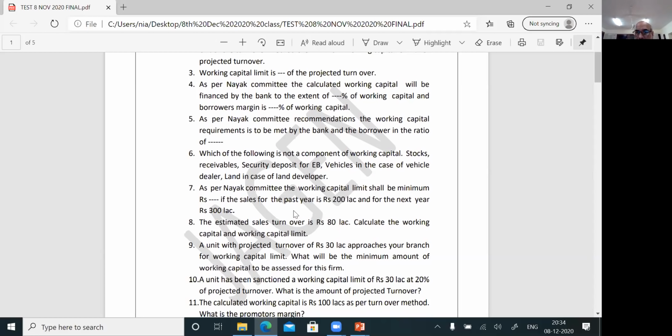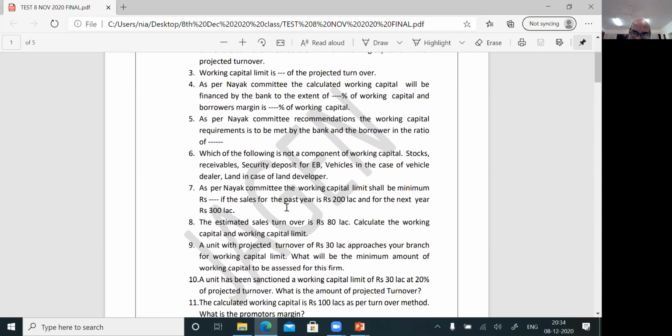As per Nayak committee, the working capital limit shall be minimum rupees dash if the sales for the past year are 200 lakhs and for the next year it is 300 lakhs. What they are asking is the working capital limit. What they have given is projected sales. The sales for the last year, you don't worry.